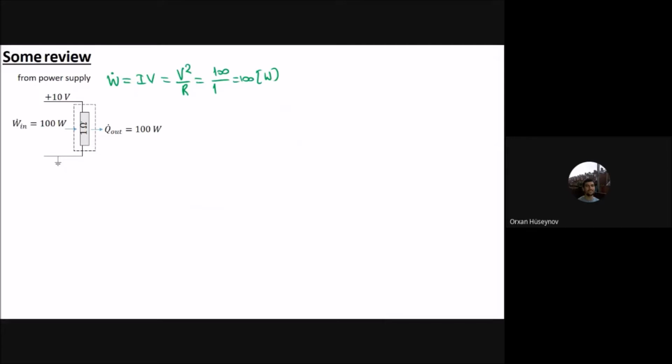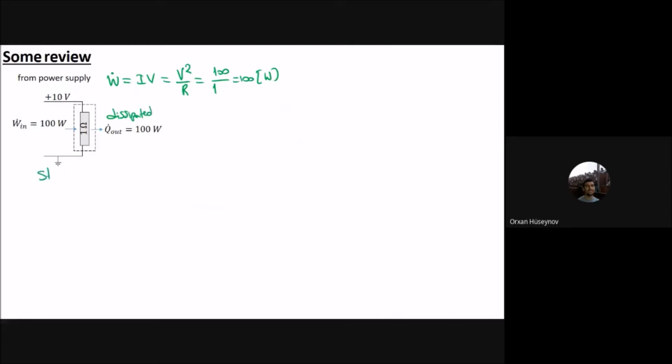It can be a battery, it can be any other system. This power is supplied to a resistance of 1 ohm, a resistor here, and this power supply is dissipated as heat. This dissipation is the same as the work transfer.